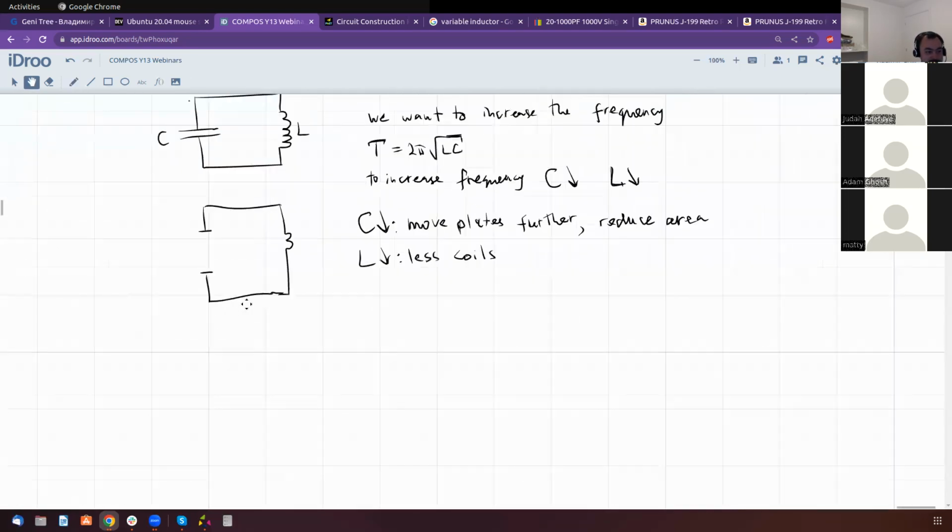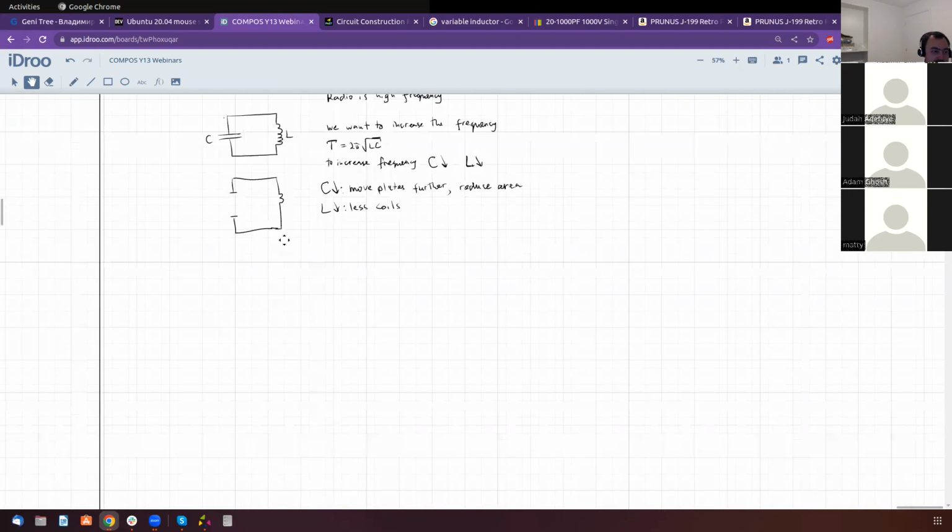So carry on. Increase the distance even further. And then reduce them even further.